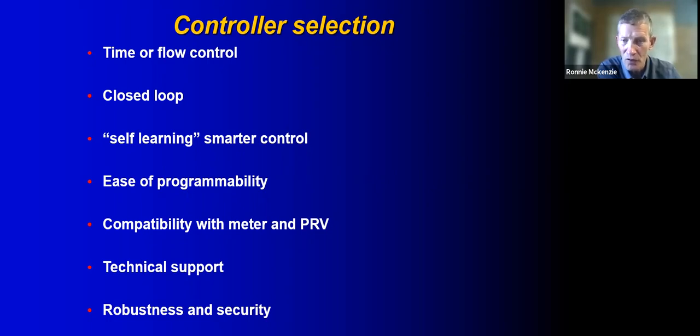Time or flow control, you can get closed loop control, self-learning, artificial intelligence self-learning, you can get all sorts of stuff. They all have different advantages and disadvantages. There's no silver bullet fits everything. A lot of it's to do with technical support and whether the guys using the equipment know what they're doing.